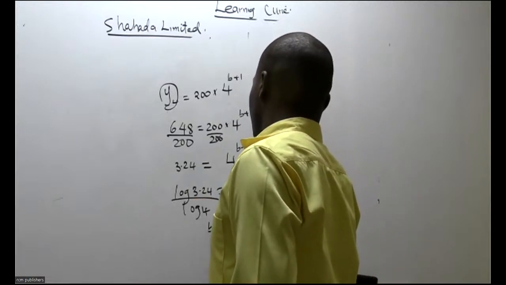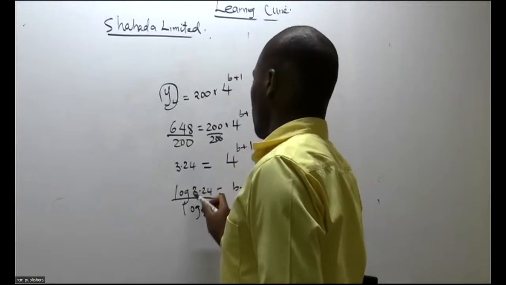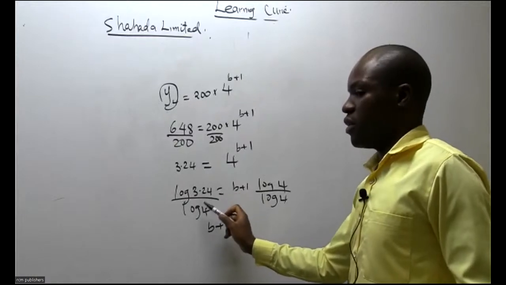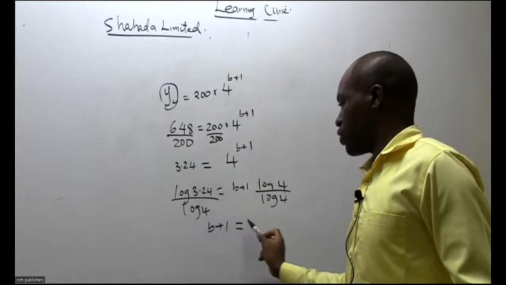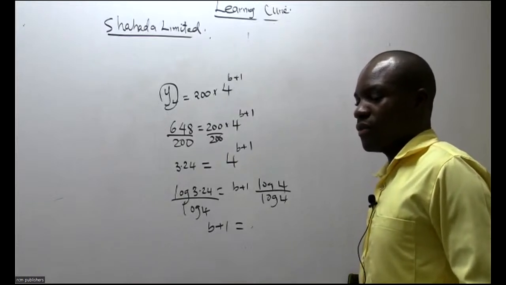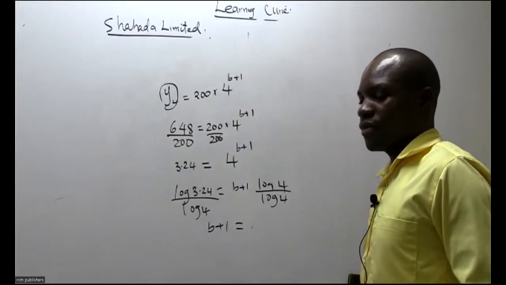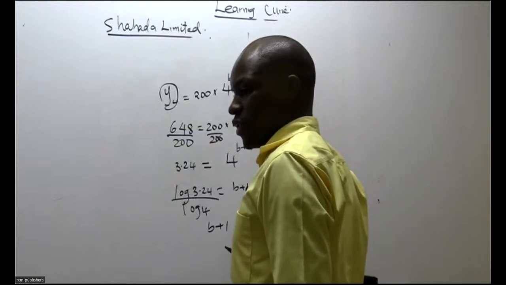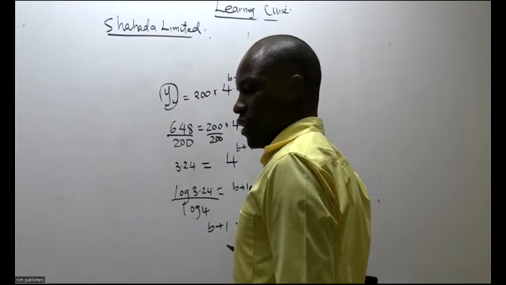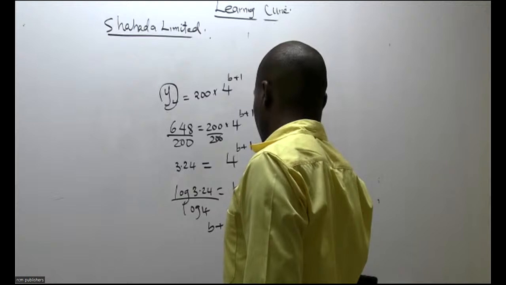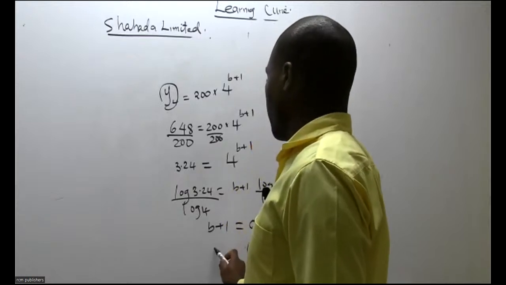So B plus 1 is equal to log 3.24 divided by log 4. What will you have? 0.848. Good. You have this. So give me the value of B.